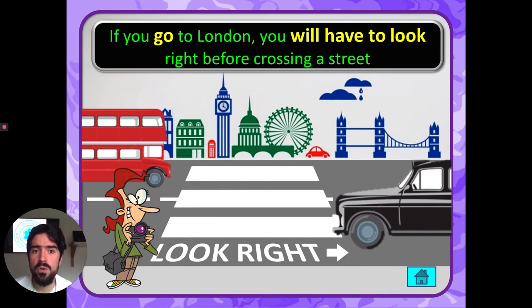If you go to London, you will have to look right before crossing a street. Why the right? Because they drive in the other side, okay? So normally we look left before crossing the street, but in there we have to look right. Okay? So these were the examples for first conditional.